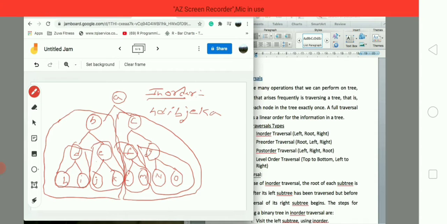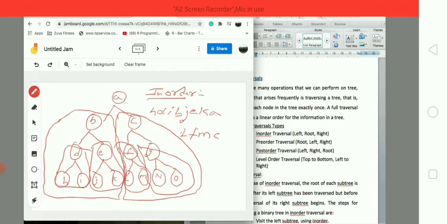First the left, because as per our definition. After that we have to visit F, because it has a left side. After that the root is L. After that the root is F, after that M. Again we have to visit C, because left is completed.